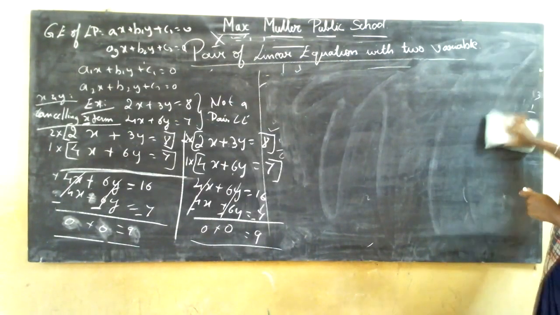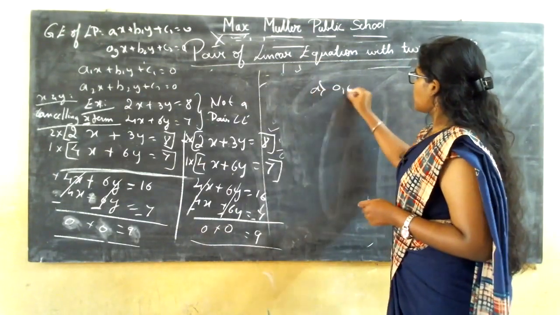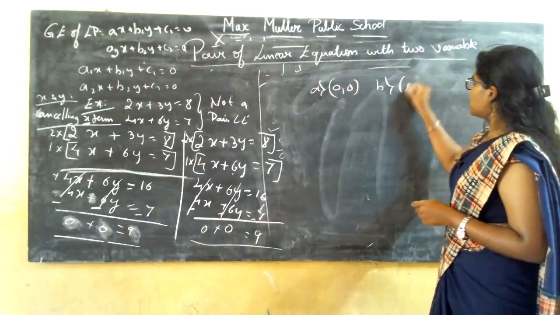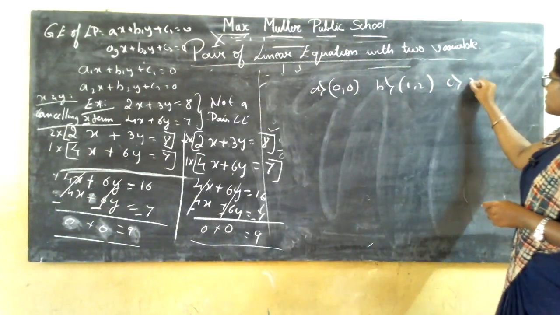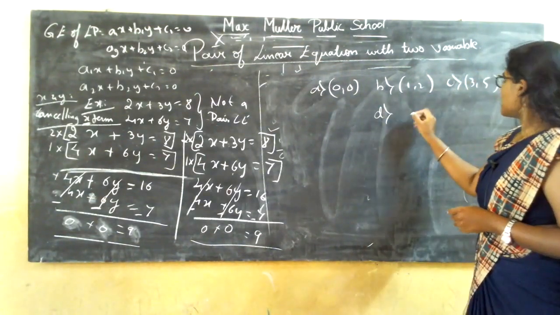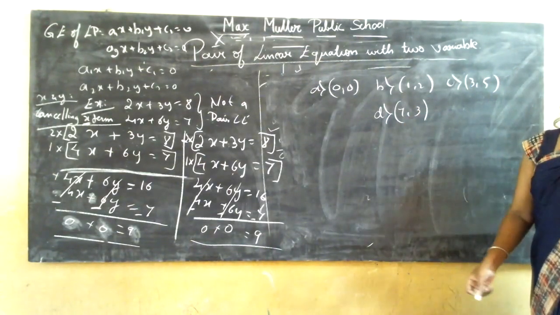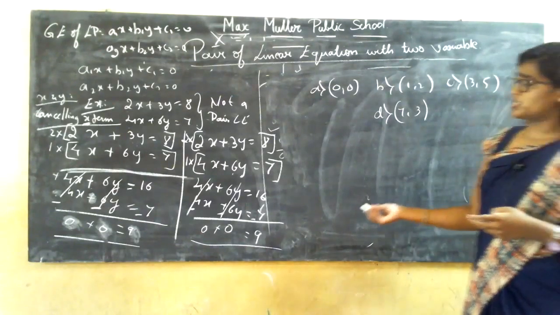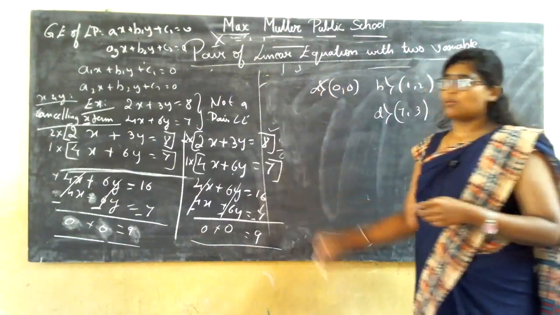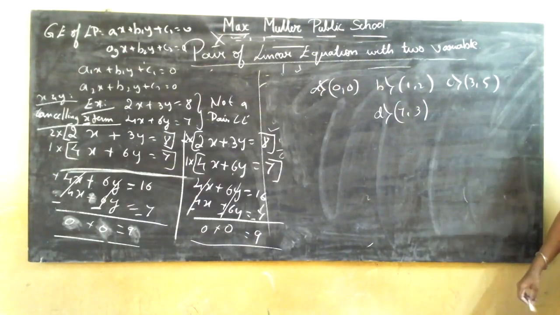The options might be: a is 0, 0, b is 1, 2, c is 3, 4 or 5, and d, the last option, is 3, 7. Now, what is the option you are going to choose? It is 0, 0, because the values of x and y are both 0 at the same time.